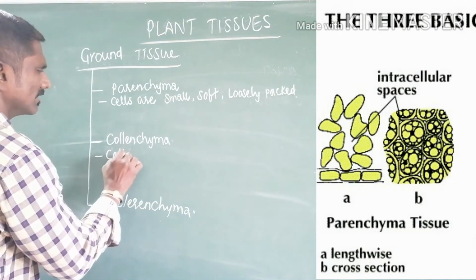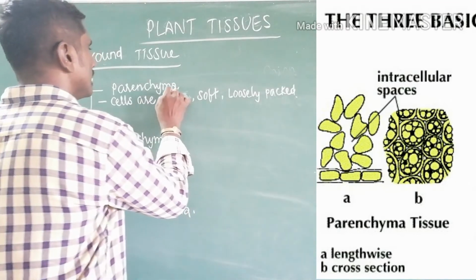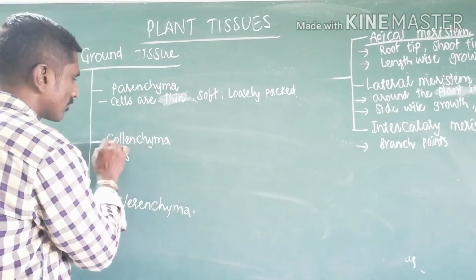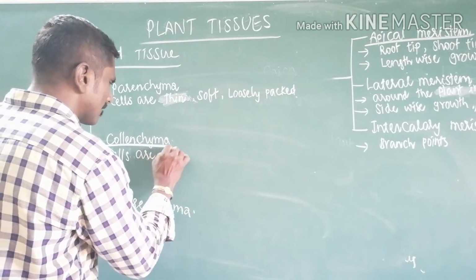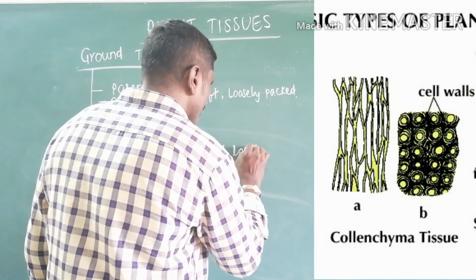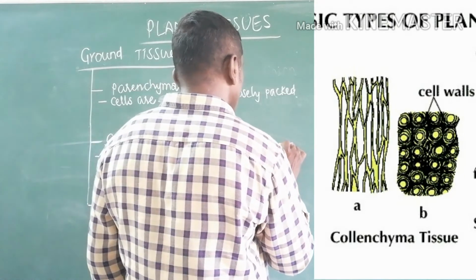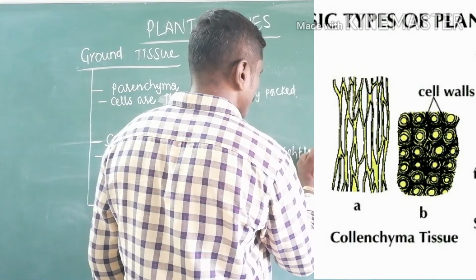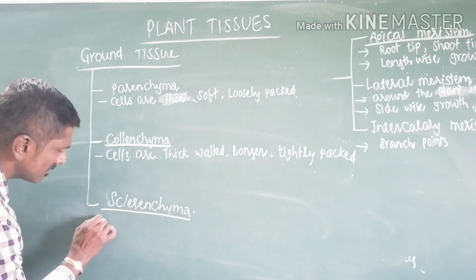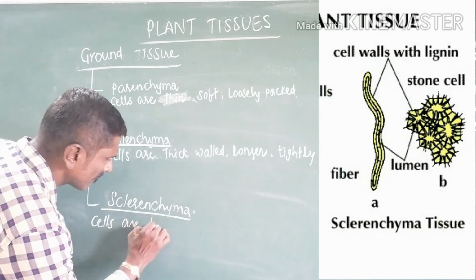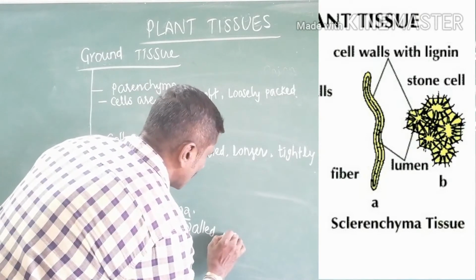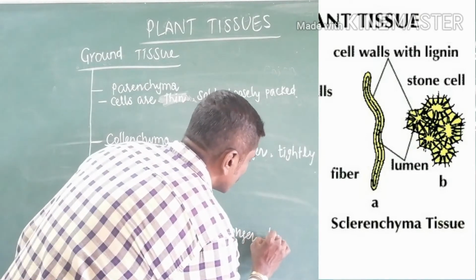In parenchyma, the cells are thin, soft and loosely packed, whereas in case of collenchyma, the cells are thick walled and longer and tightly packed. Whereas in case of sclerenchyma, the cells are thick walled and longer, tightly packed.